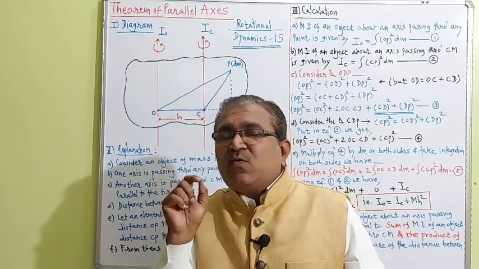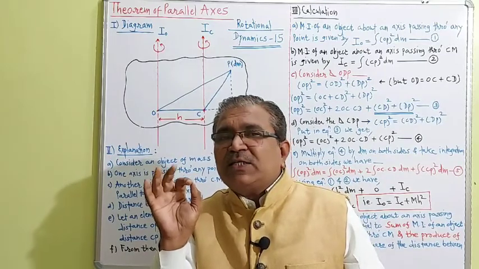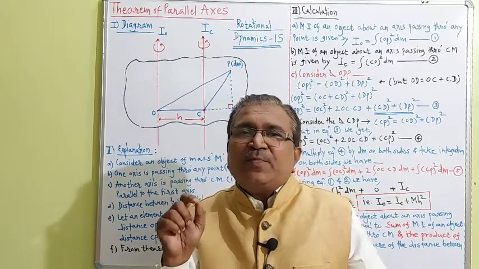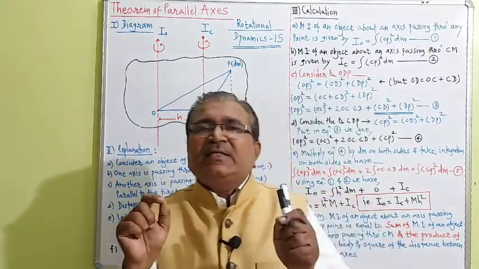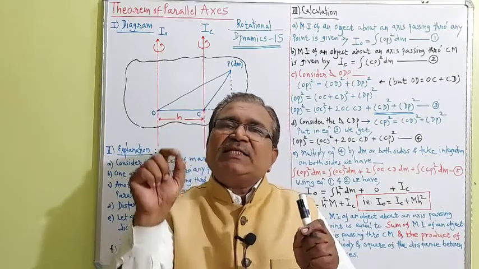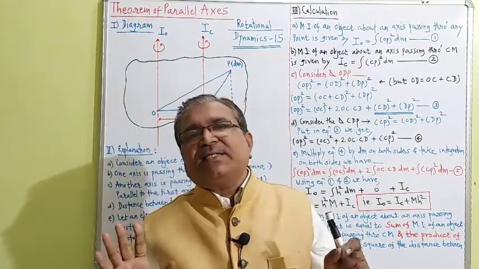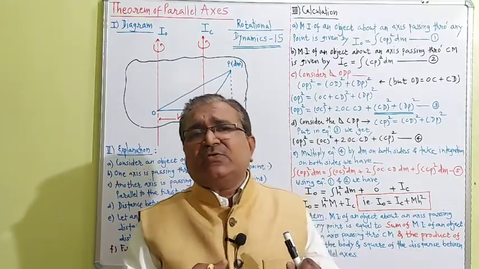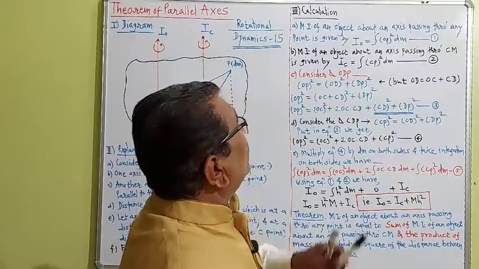By understanding what is IC and what is IO, then we know the moment of inertia of a body is nothing but the mass into distance square from the axis of rotation. Use that definition here, dear student.